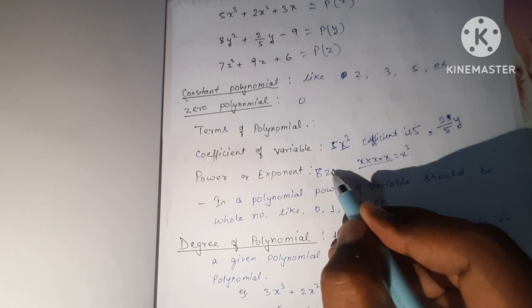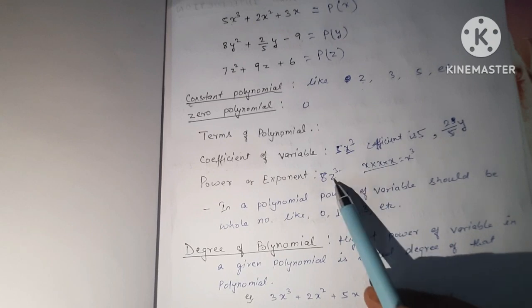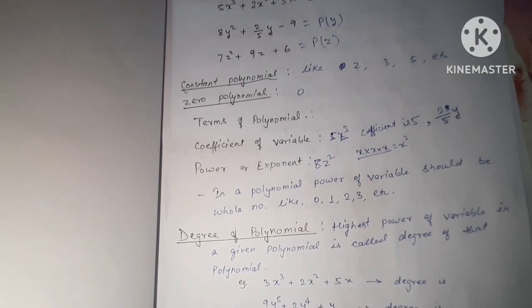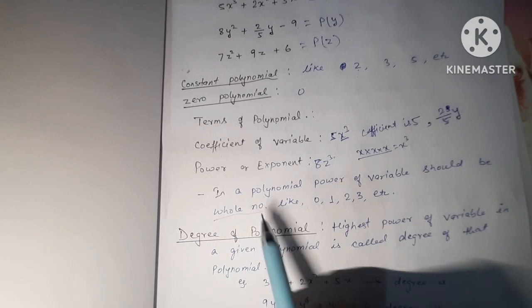Suppose we write 8z cube, so what is the power of z? 3 is the power of z. One thing is important here: we call it a polynomial if the exponent or power of a variable is a whole number.